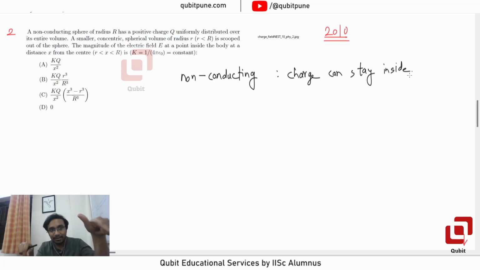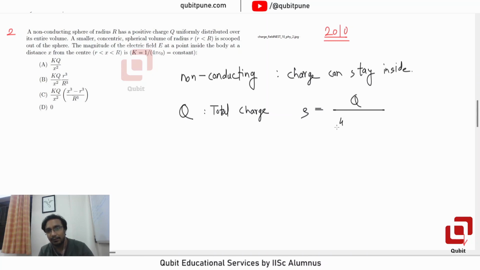Now they are saying it is uniformly distributed over its entire volume. So Q is the net charge or total charge. So can we talk about volume charge density? Yes. Q by 4 by 3 pi R cubed. That's the volume charge density.